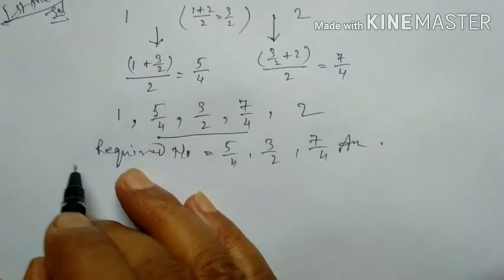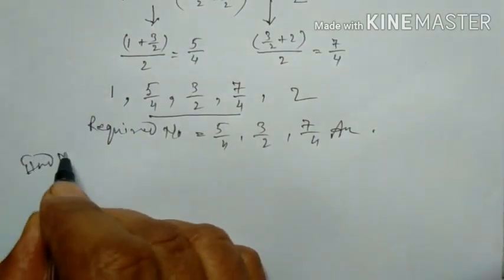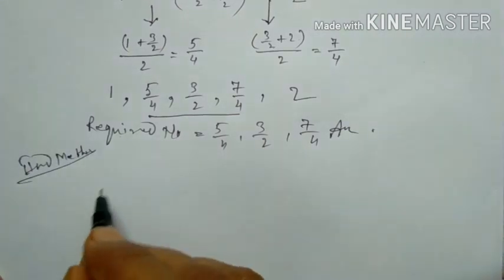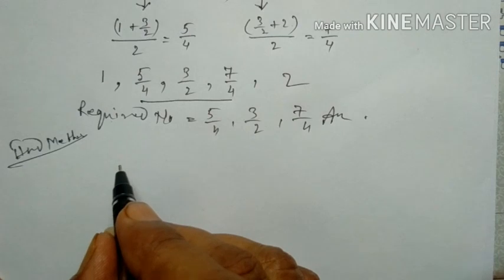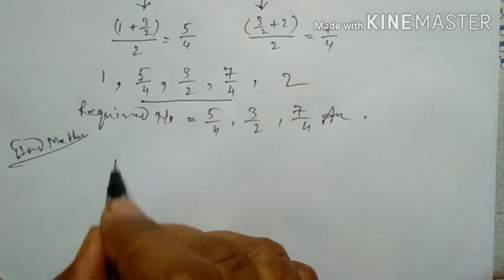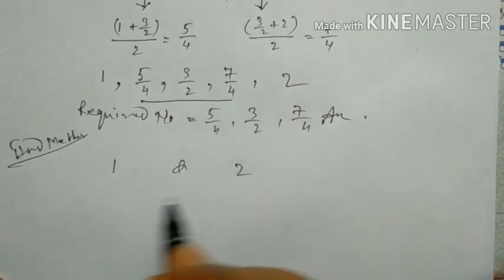And the second method is: our aim is to write three rational numbers between 1 and 2.